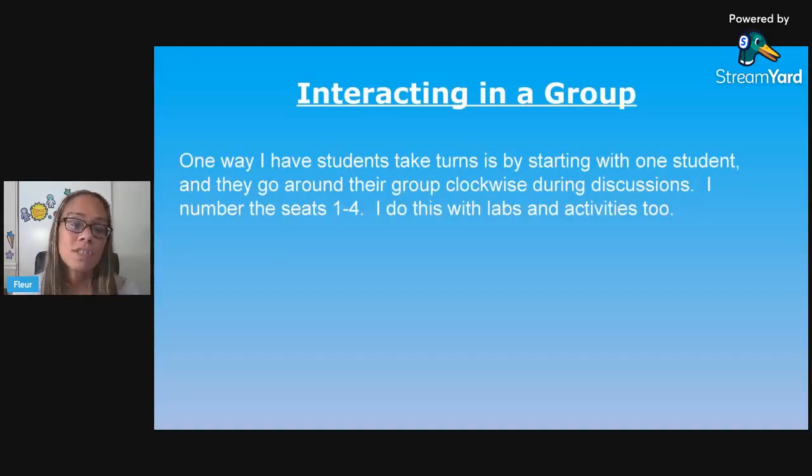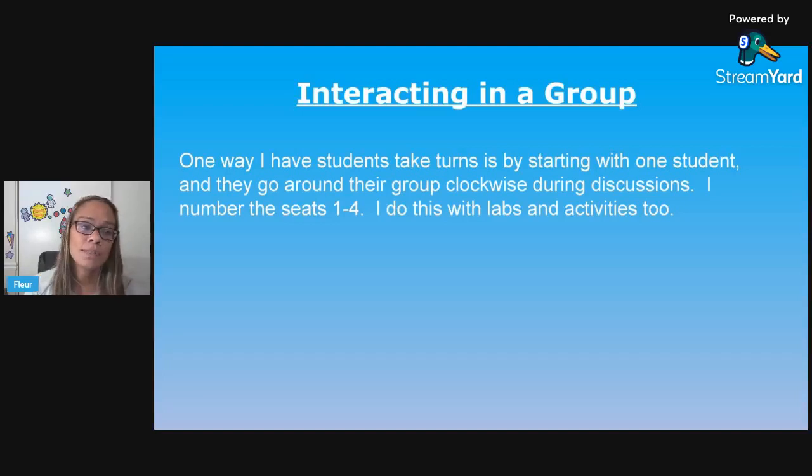One way I have students take turns is by starting with one student and then they go around the group. In other videos and blog posts I'll link, I have my desks in fours and I number them 1 through 4. And so I'll say, okay, start with person number 3 and then go around the table and talk about it. That's one way that I do it.